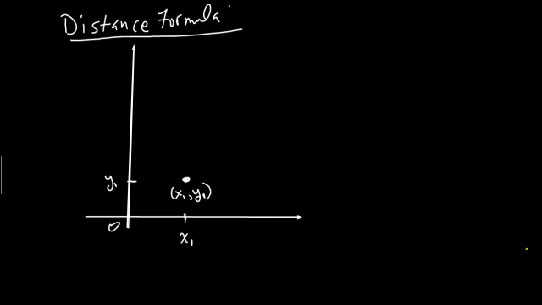And then we have this second point here. Let's say it's over x2, up y2. And what we want to do is find the distance between those 2 points. Okay?